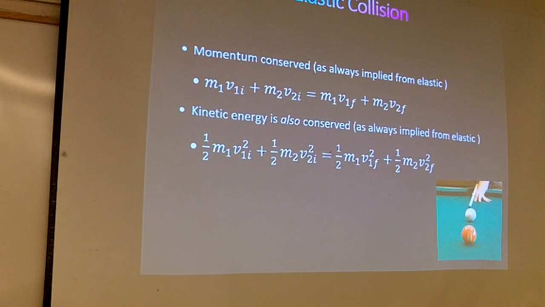The top line: P1I plus P2I equals P1F plus P2F. I write it this way, much faster, because I just use the letter P itself instead of writing A and B. The second line, I simply change every P to KE: KE, KE, KE.